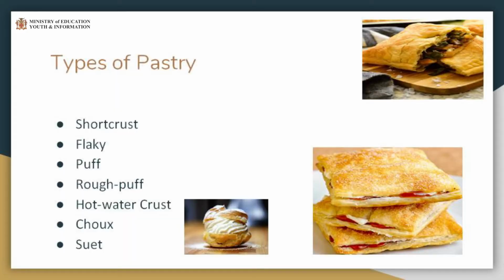Now that you've seen the slides, let us identify common types of pastries. Short crust pastry, flaky pastry, puff pastry, hot water crust pastry, rough puff pastry, choux pastry, and suet. What makes these pastries different? 1.